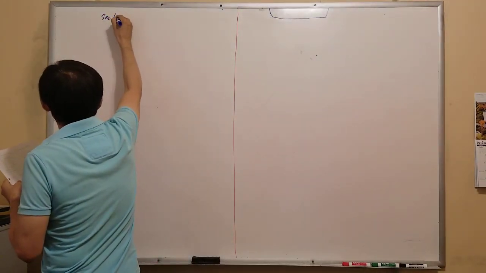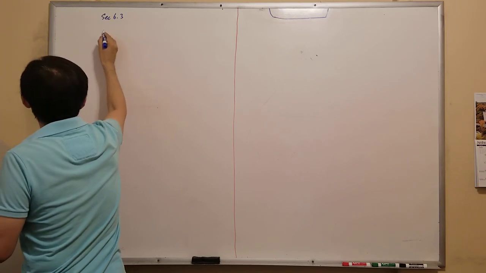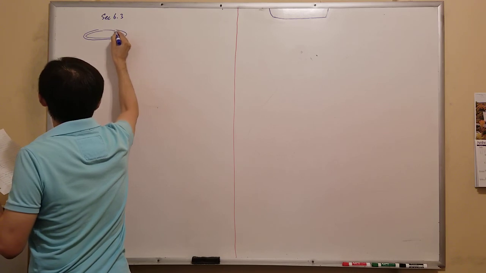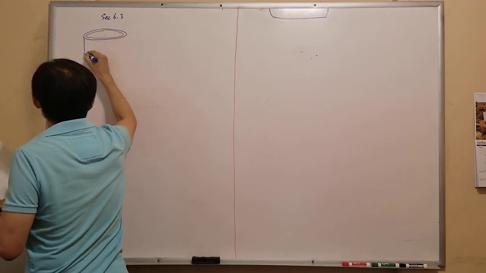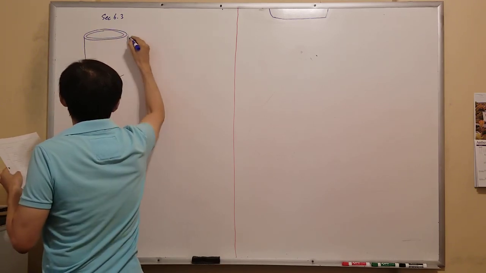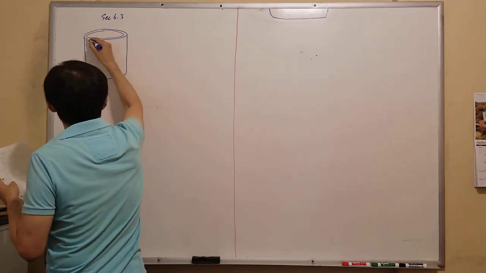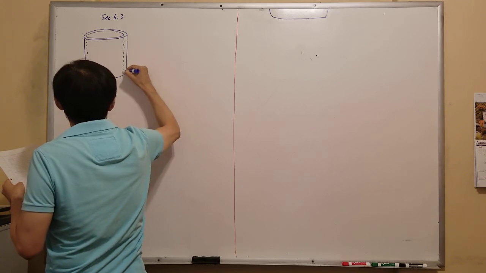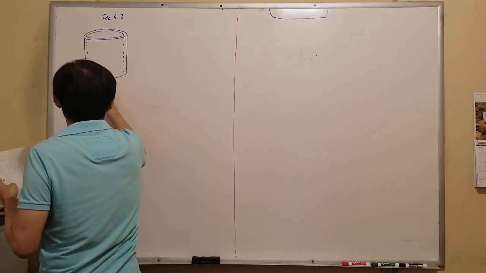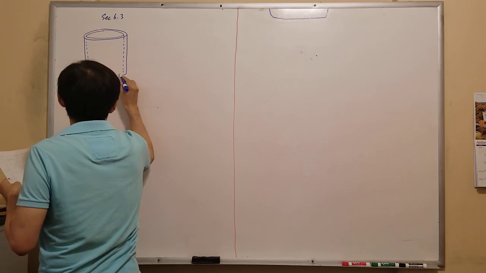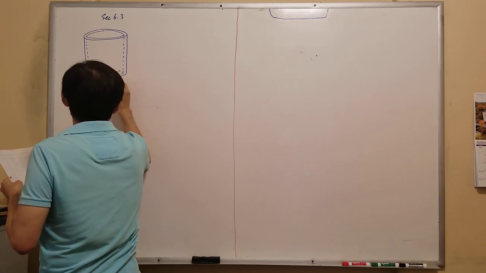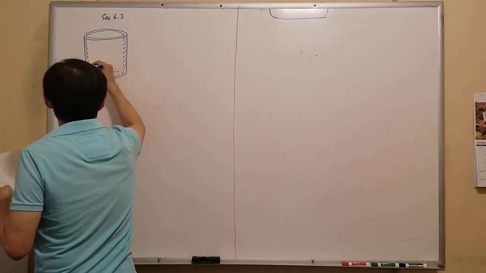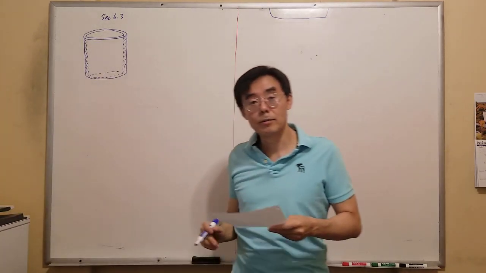So first, think about a circular cylindrical shell. Let's say you have a thin cylindrical shell. So these are thin cylindrical shells.